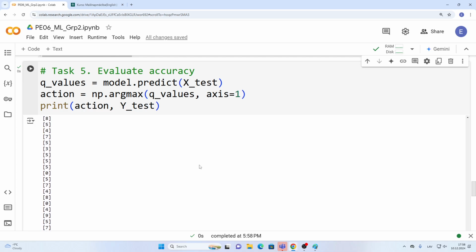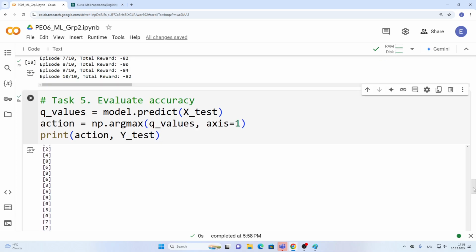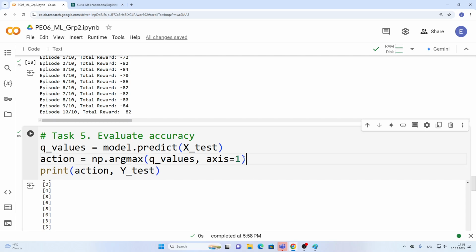However, our predictions are raw and our actual correct answers are columns. So we need now to convert it slightly. We can convert either one of them.